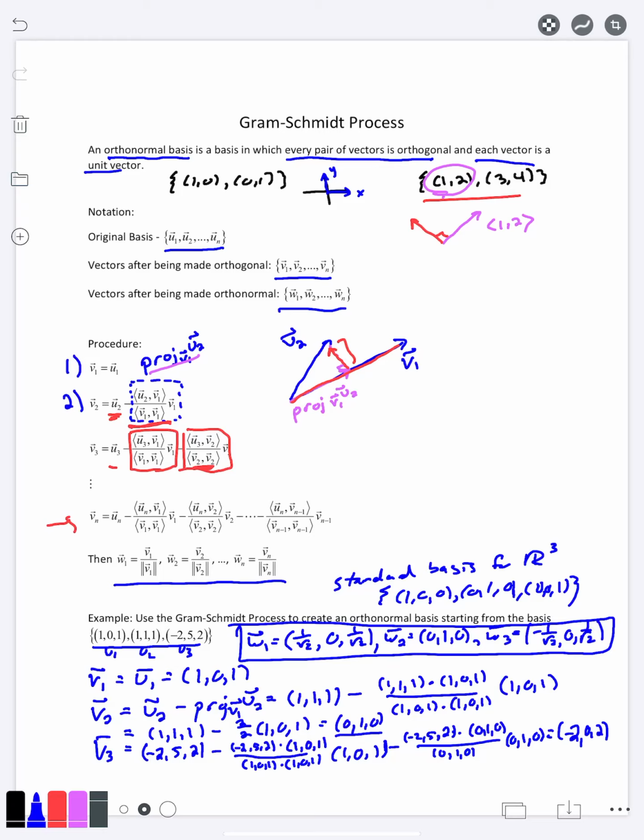Now, we aren't really going to see it in our class, but having an orthonormal basis is very useful in a lot of applications of this. In particular, there's a very popular application of this concept called Fourier series that is used in physics and engineering and a lot of different circumstances.